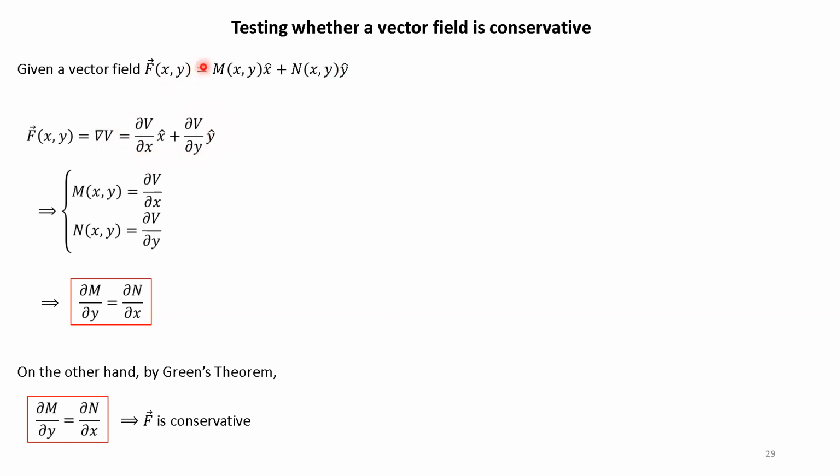That means this capital M has to be partial v partial x, and this capital N has to be partial v partial y. Although at this point, we haven't figured out what v is, regardless, I have to require that this big M is partial v partial x and this big N is partial v partial y.